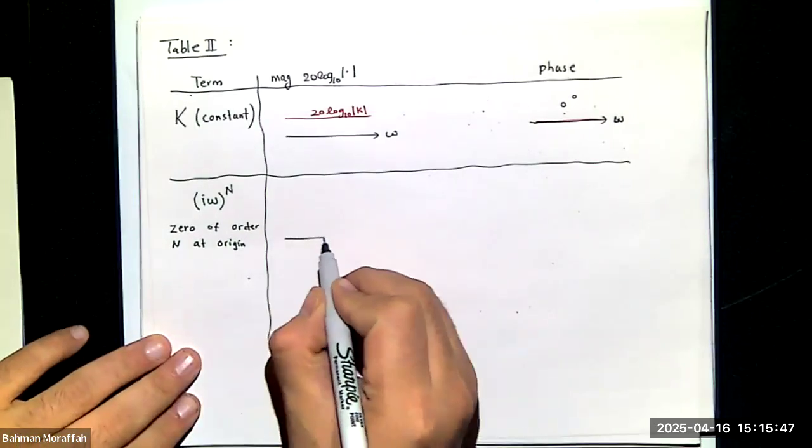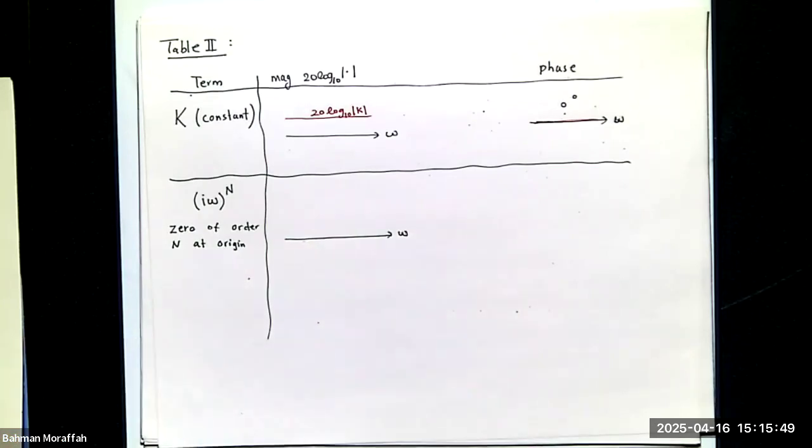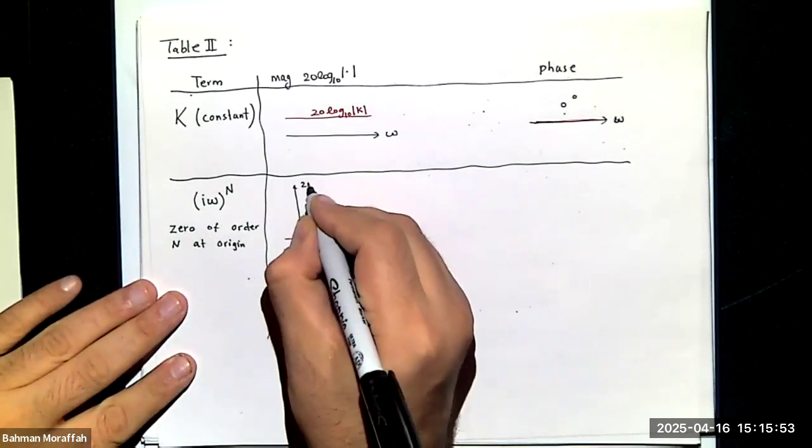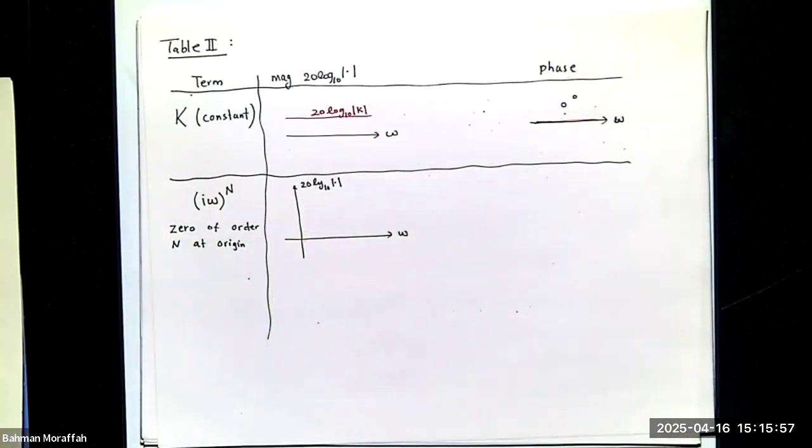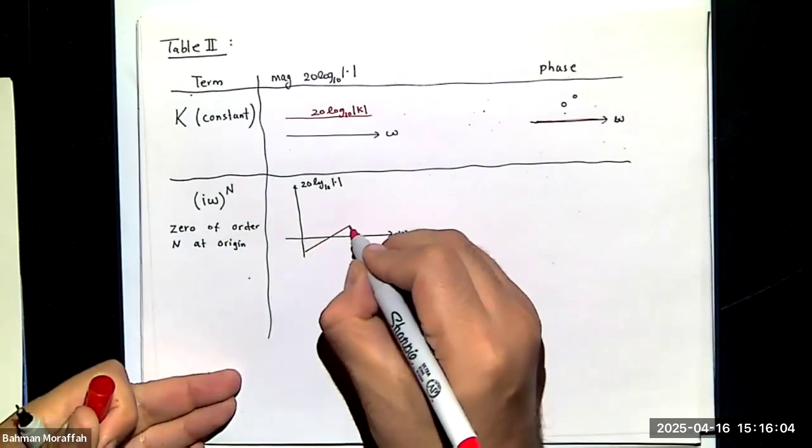We said if we're going to plot the magnitude, which is 20 times log 10 of this magnitude, it is going to look like this.